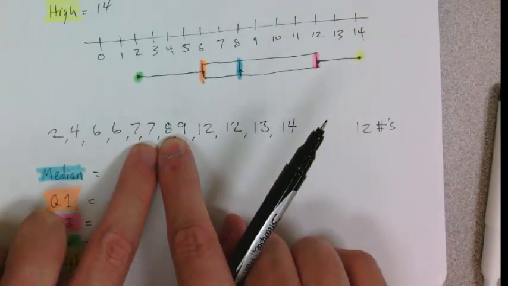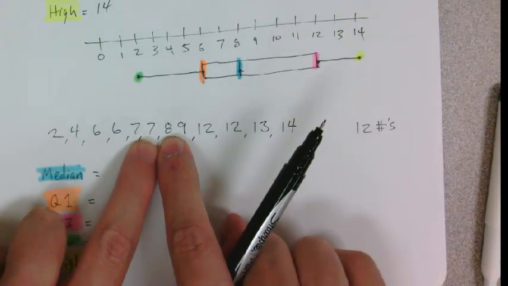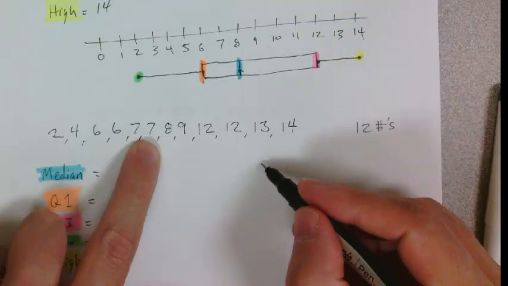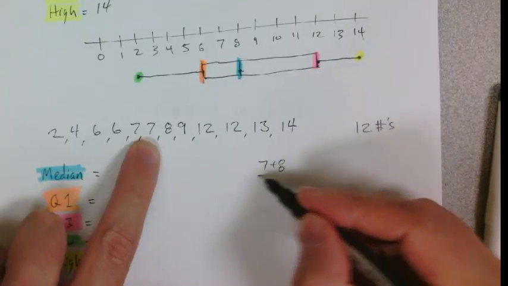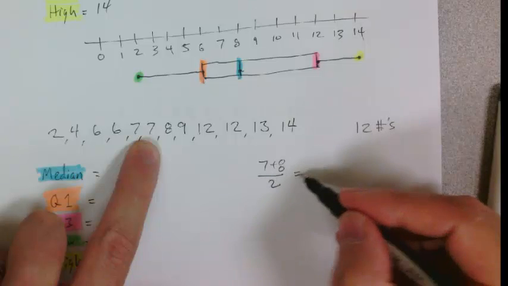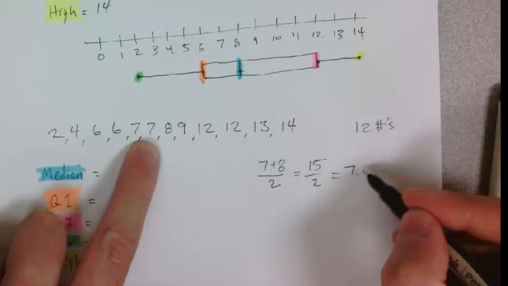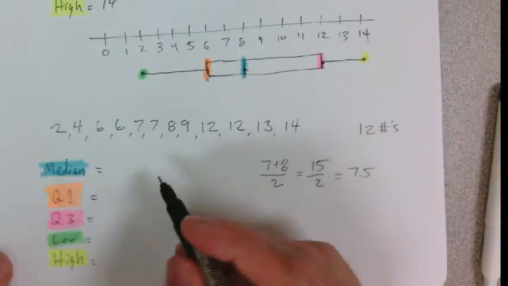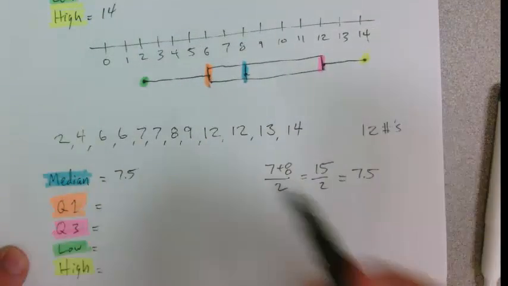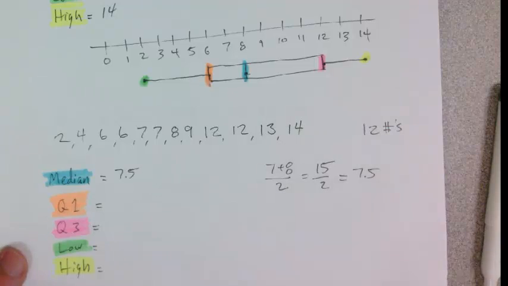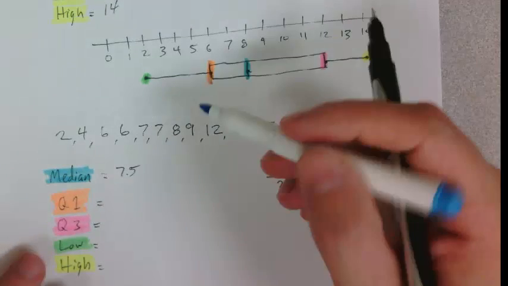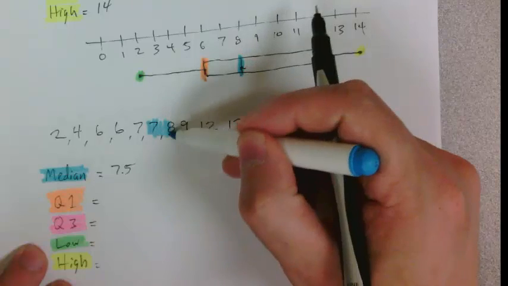So I need to find the mean of the middle 2 numbers, which is just 7 plus 8 divided by 2. So this would be 15 divided by 2, or 7.5. So 7.5 is my median, and I can represent that by highlighting these 2 numbers.